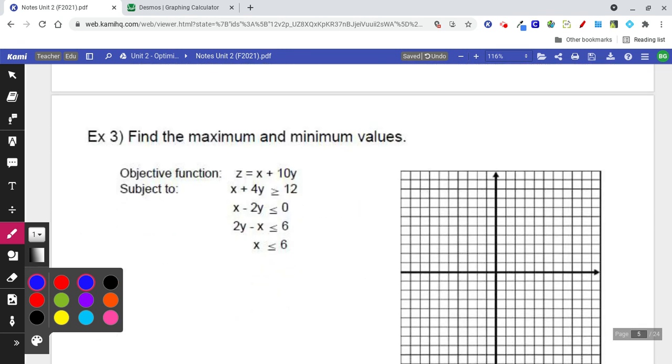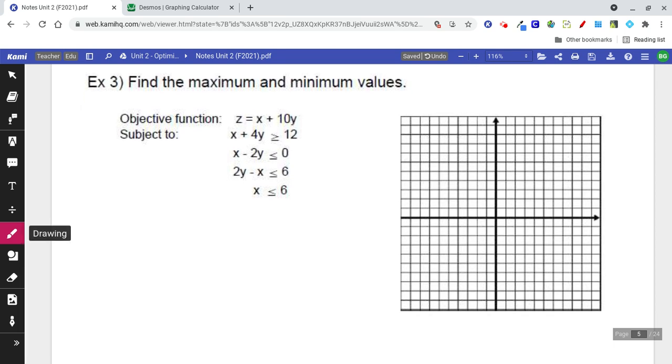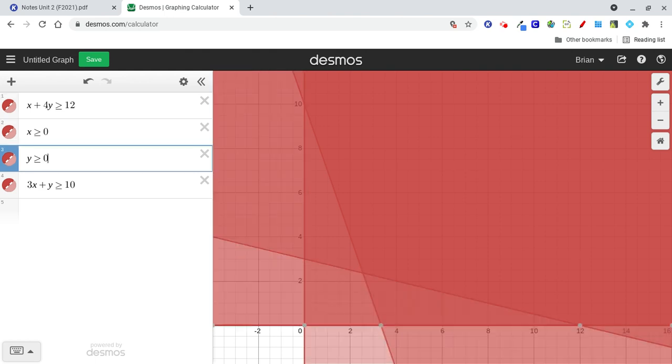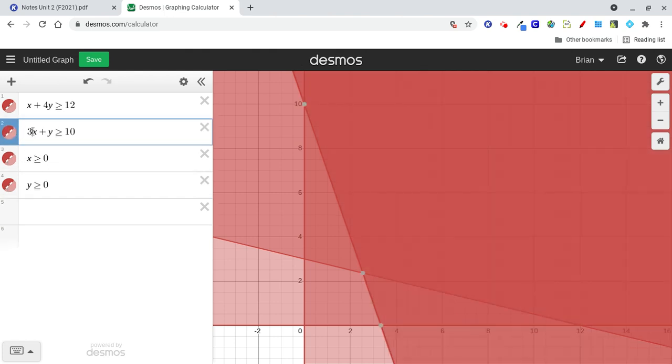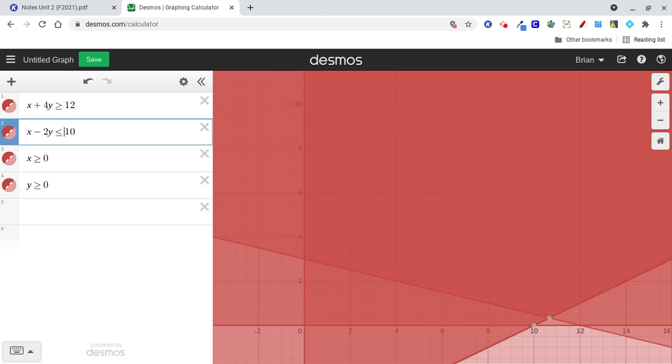Okay. Number 3, find the maximum and minimum values. So we're going to do kind of the same thing. Let's graph this thing. All right, I'm going to go to Desmos again. We've got x plus 4y is greater than or equal to 12. And x minus 2y is less than or equal to 0.